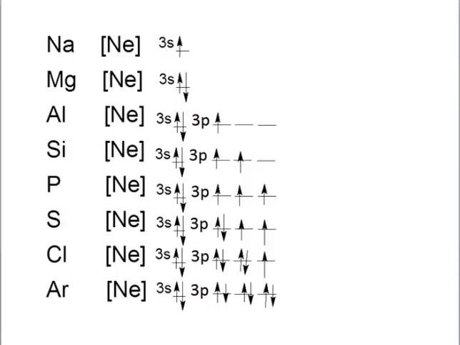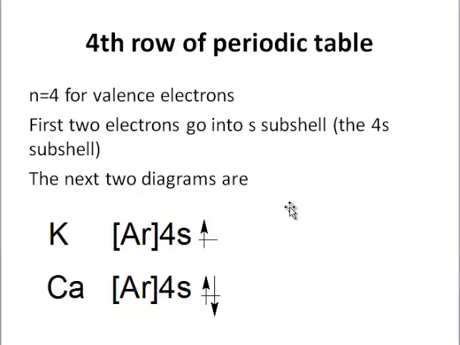Alright, it's now time to move on to the fourth row. n equals 4 for the valence electrons. We notice that we're in the fourth row, so we start putting in valence electrons with n equals 4. First 2 electrons go into an s subshell, the 4s subshell.